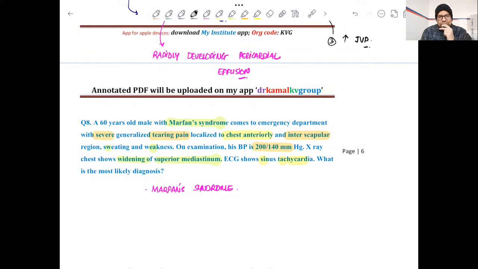So the moment you have this kind of presentation, the answer is nothing except aortic dissection. Clear? So the moment you have this kind of presentation, you need not look at any other thing. Straight away jump to the answer as aortic dissection, right?